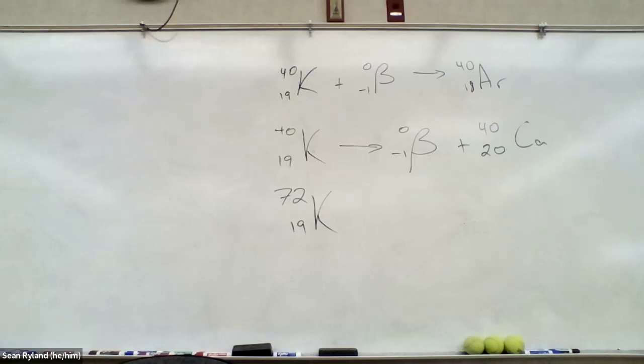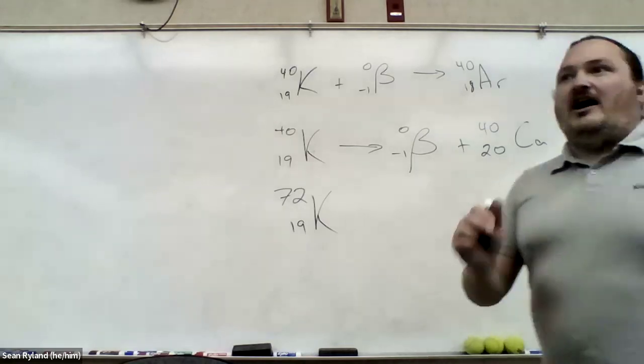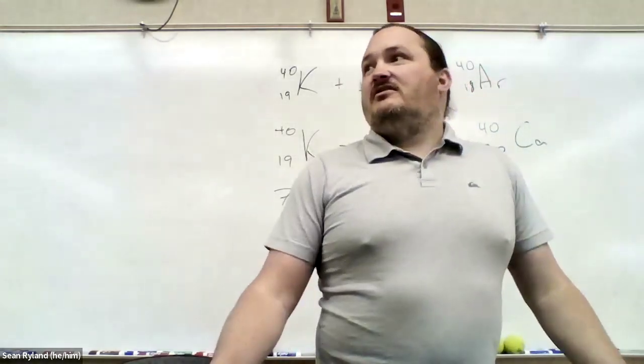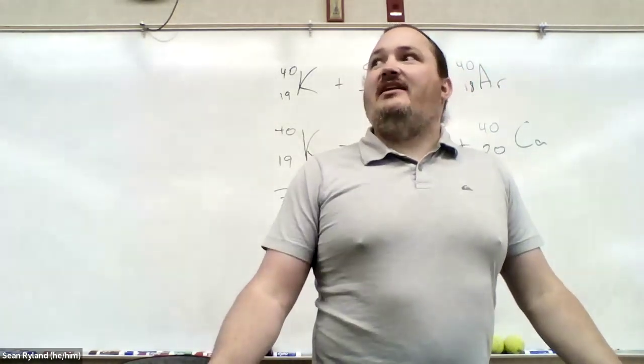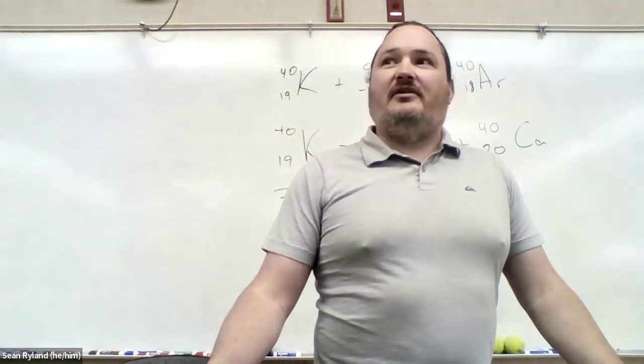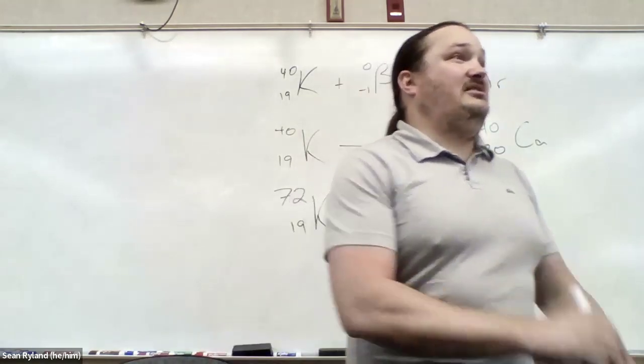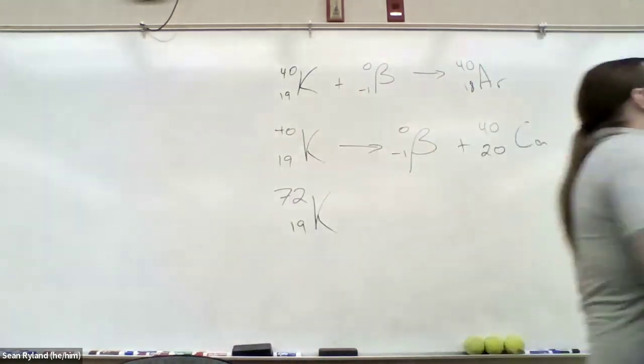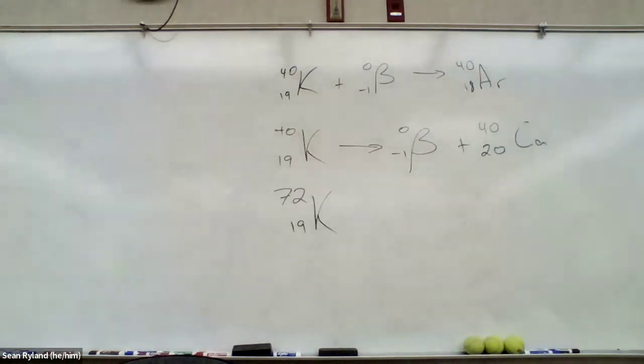And so lead is our highest stable number of protons. Everything past lead is radioactive, at least a little bit. It might be really, really slow the way that it breaks down, but everything past lead breaks down.